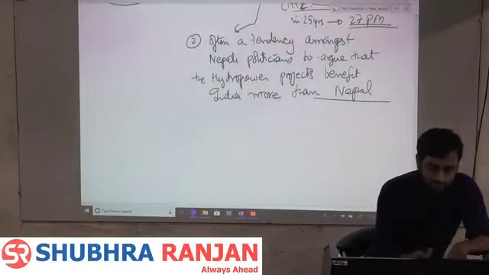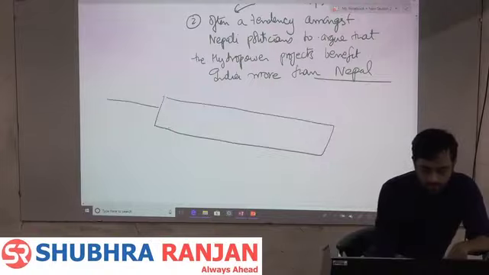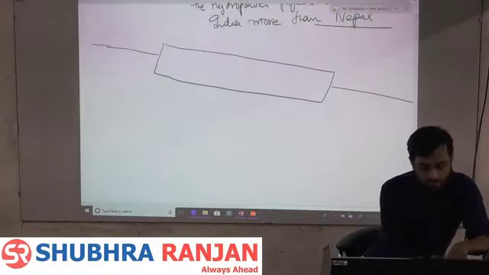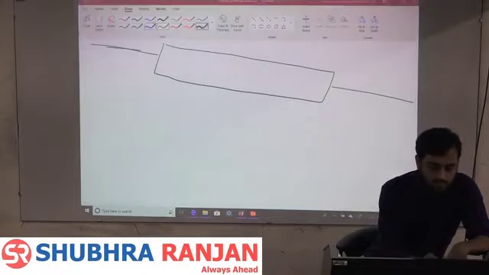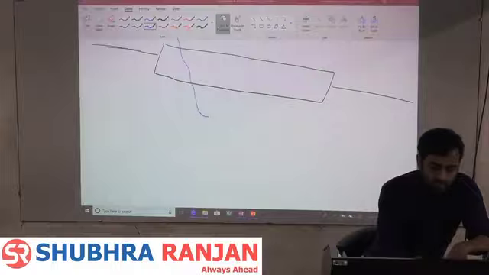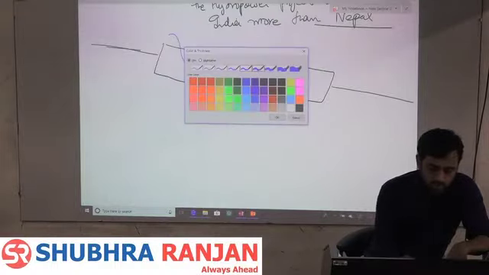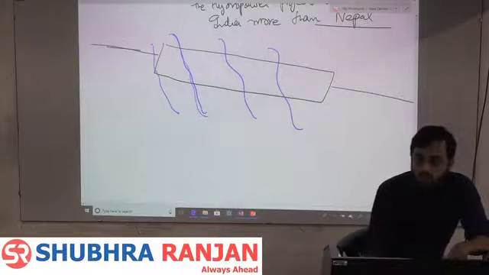देखिए, बड़ी सिंपल सी बात है, ऐसे समझ लीजिए. If you have a number of rivers coming from Nepal, Nepal is the upper riparian, right? It's not the lower riparian, it's the upper riparian. So rivers come from Nepal into India.